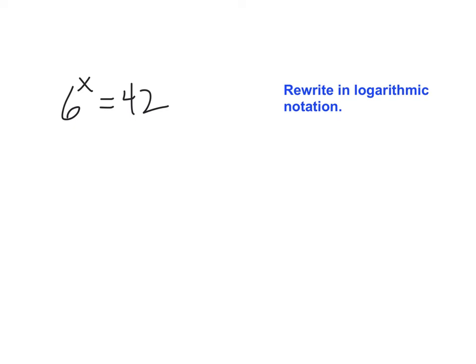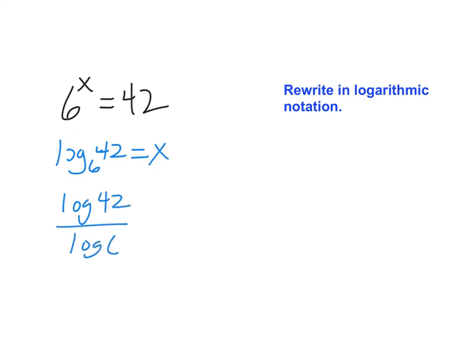So if I wrote this in logarithmic form, remember I'd have log, the base is 6, it equals 42, and the power is x. And you say, okay, well, what good does that do me? Well, what that does for me is I can now rewrite this using common logs, using the change of base formula like we just did. And so this would be log of 42 over log of 6 equals x, which we already did this problem.